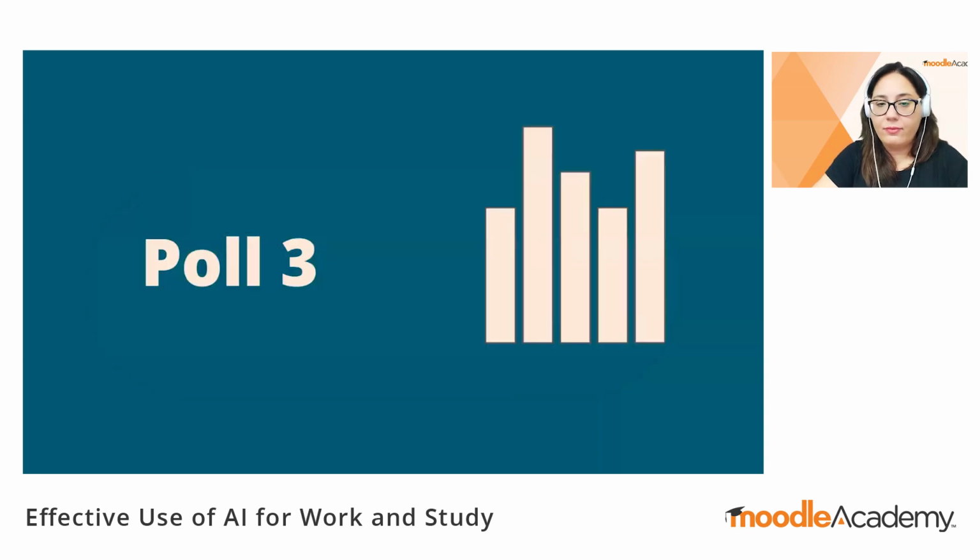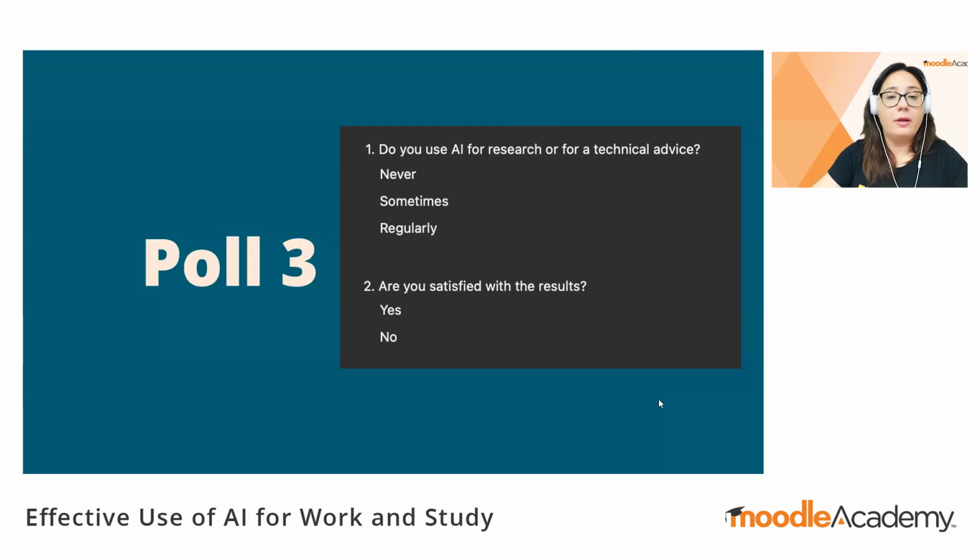Before moving on to the last couple of our examples, I would like you to give us your input once again through our last poll. Now, do you use AI for research or technical advice?